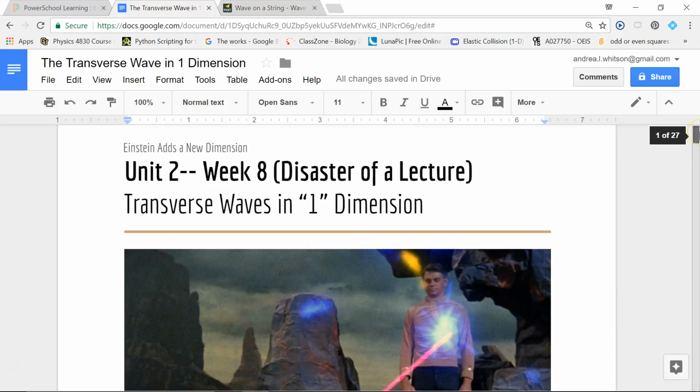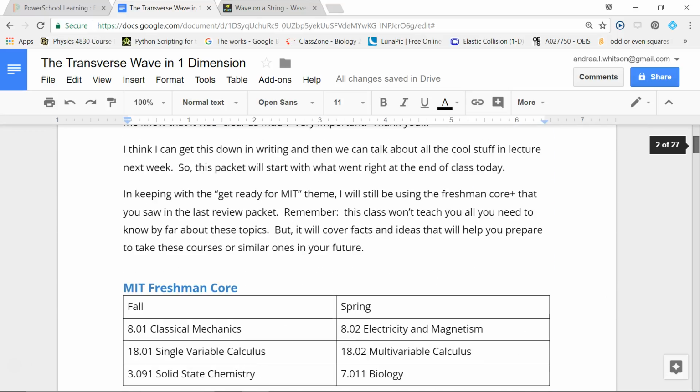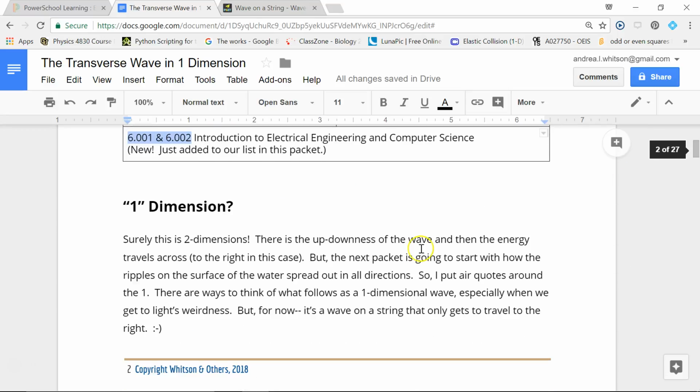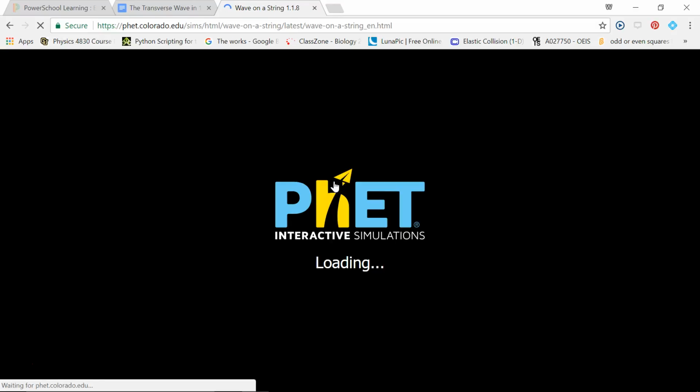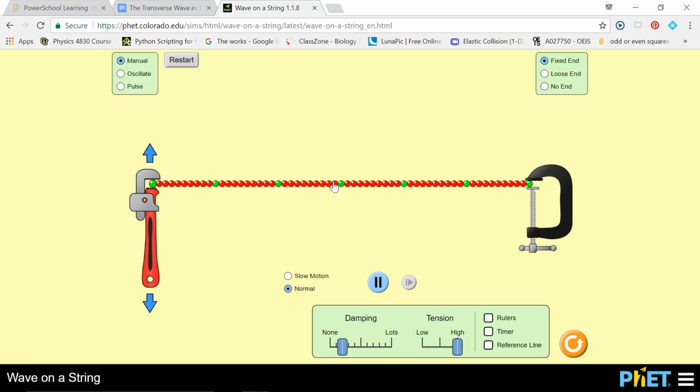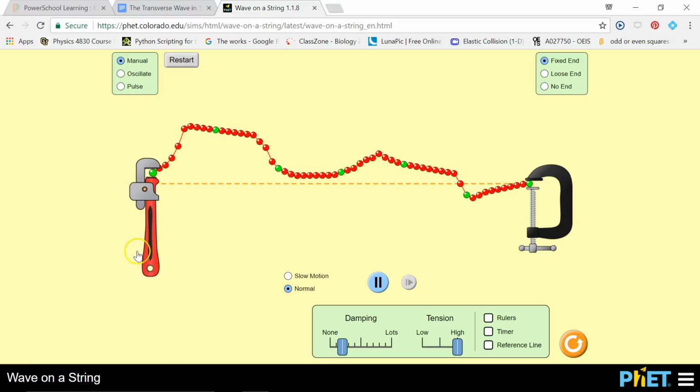All right, this is going to say transverse waves in one dimension. Is it really one-dimensional? Because it's got this up-down. We're going to be mostly talking about this wave on a string. So am I really talking about one dimension? Strictly, one dimension would just be along the line, like the number line is one dimension. But this has an up-downness to it.